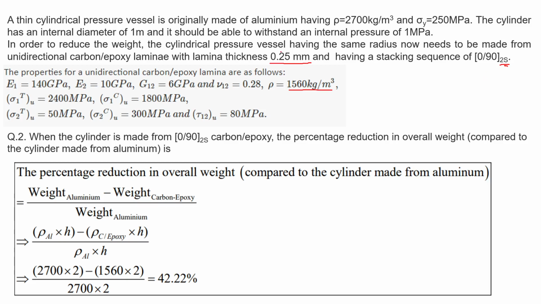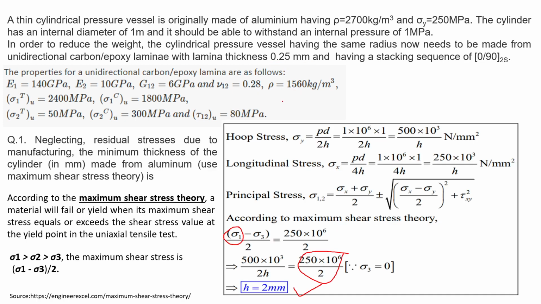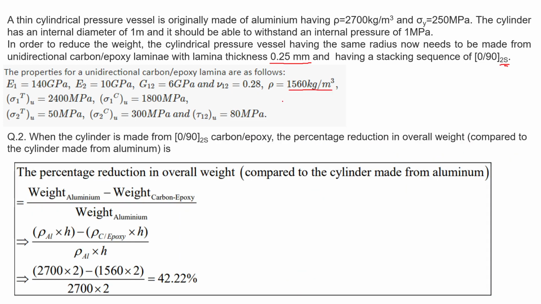When we multiply 8 into 0.25, you will get 2 mm. So that's why the thickness will also be the same in these two cases. So we can directly equate the density: density of the aluminum minus density of the carbon epoxy divided by density of the aluminum, and from that we will get the percentage reduction of the overall weight.